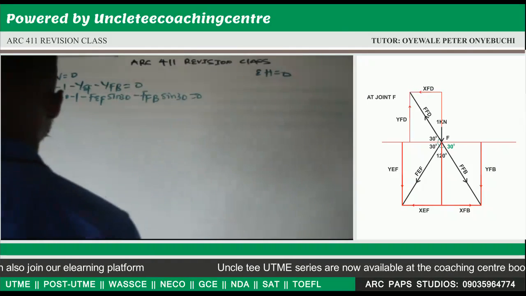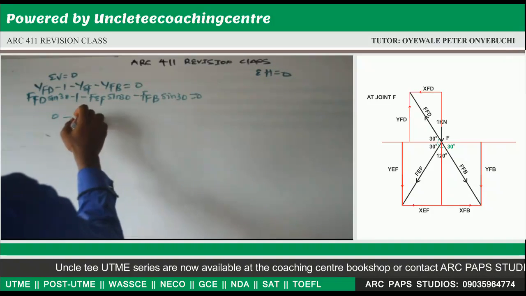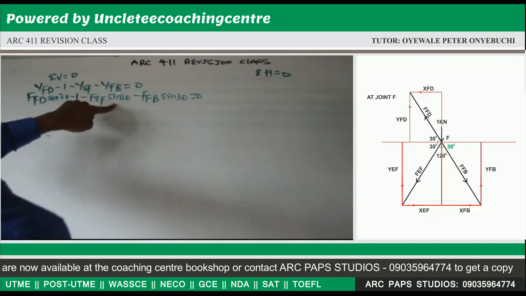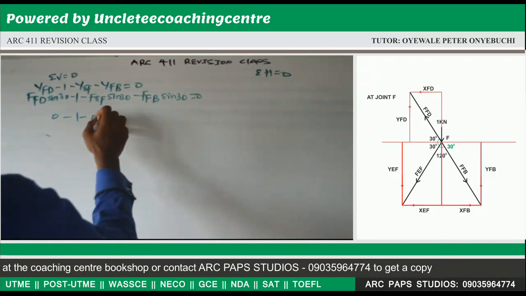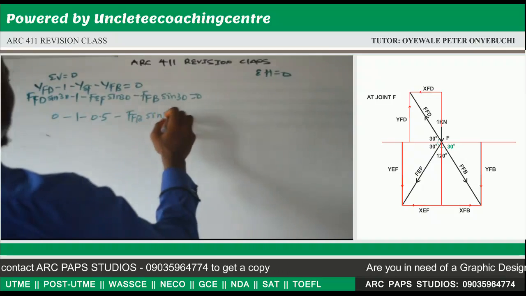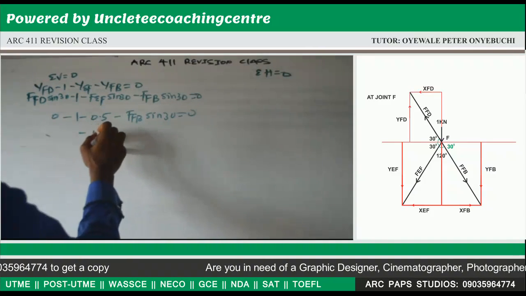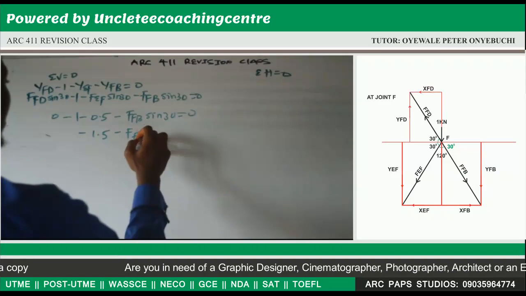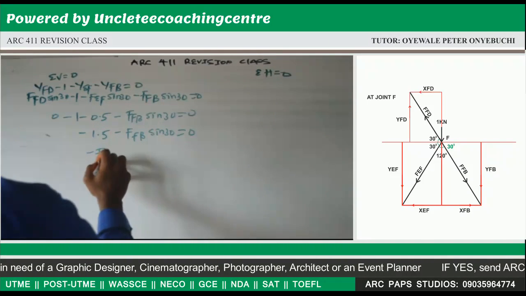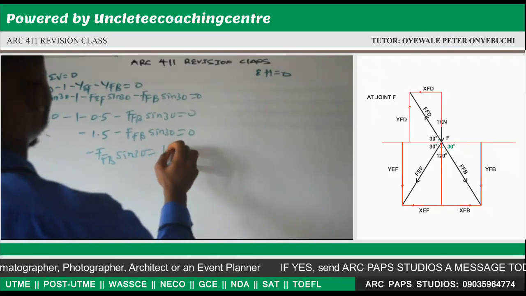Now our FFD is 0, 0 times sine 30 will still give us 0, minus 1 minus our FEF is 1, 1 times sine 30, that will be minus 0.5, minus FFB sine 30 is equal to 0. Now minus 1 minus 0.5 is minus 1.5, minus FFB sine 30 is equal to 0. It means minus FFB sine 30 is equal to 1.5.